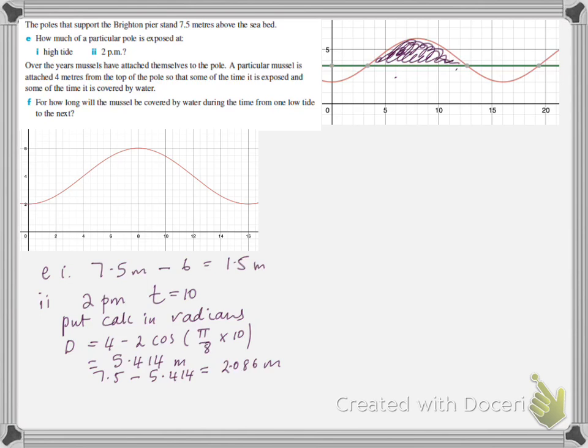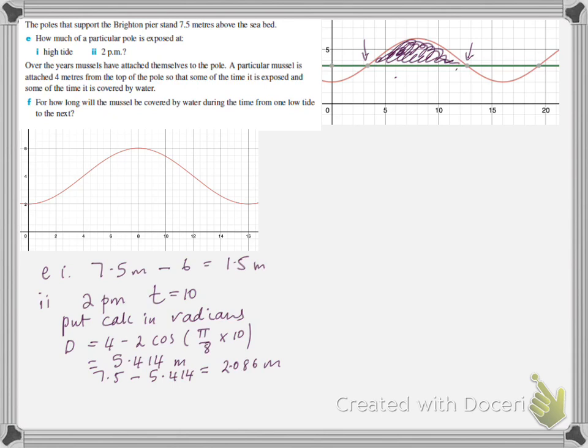If I can find out this time here, and I know that this is symmetrical, I'm going to reach this point again over here, then that's one way I can work it out. I can put this time into my equation and figure out periodically what this other value is going to be.